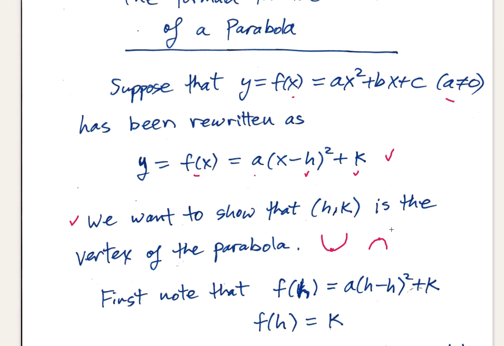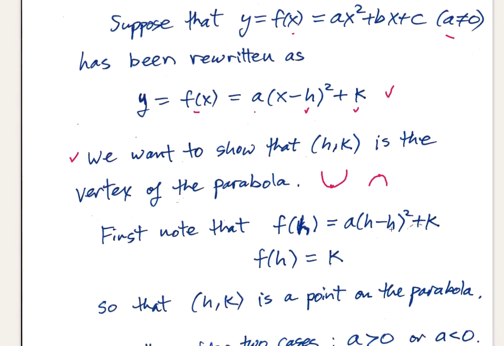Okay, so to prove that, here's what we're going to do. I first want you to note what f evaluated at h would be. If x is equal to h in the formula up here, just replace x by h everywhere, and you will get y equals f of h is equal to a times (h minus h) squared plus k.